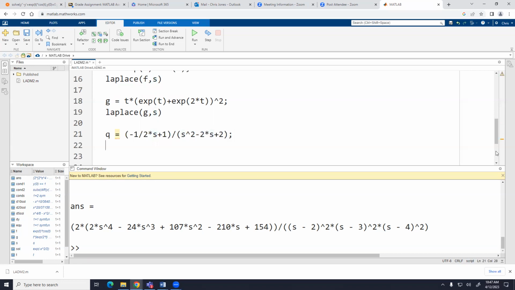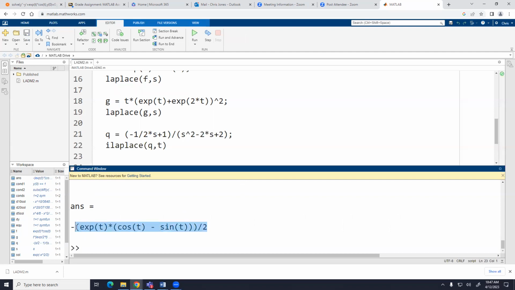The function I'm going to use is ilaplace. Not too inventive, but inverse Laplace, ilaplace. I'm going to invert Q, and the transformed variable is t. All right, now let's run this and see what we get.